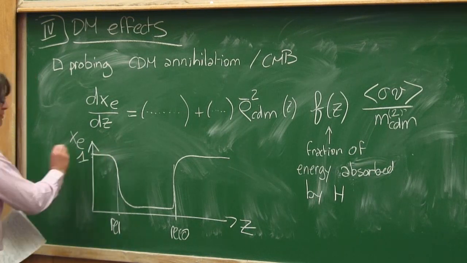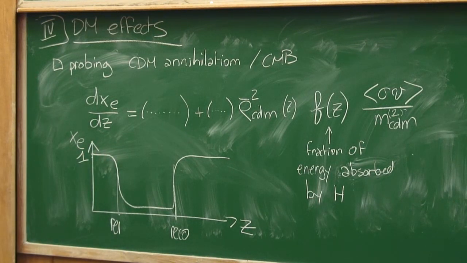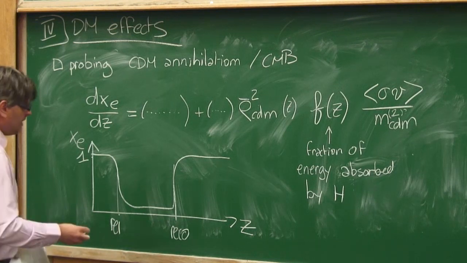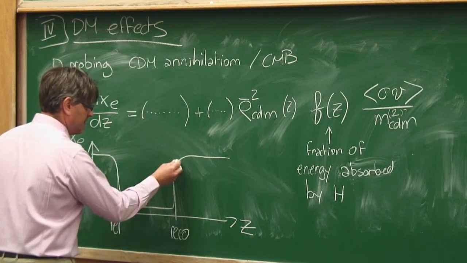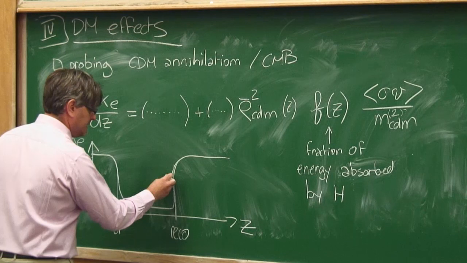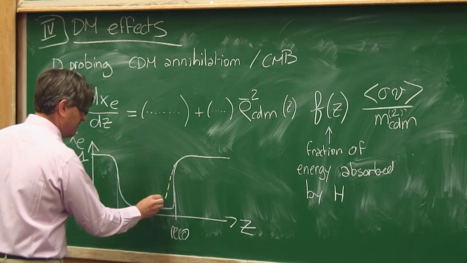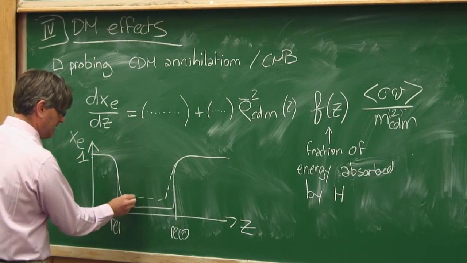And we know that it grows up to 1 because of something called the Gunn-Peterson effect in quasars. So we know that the universe is fully reionized at low redshift. Because of this term, this will decrease more slowly and will reach a higher plateau, typically.